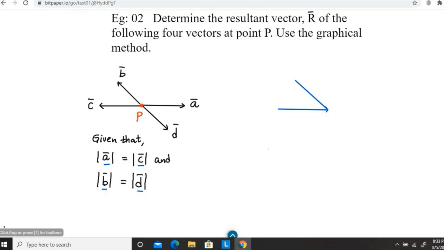So that's vector B. And then I'm going to connect the tail of vector C to the head of vector B. Like that. And then finally I'm going to connect the tail of vector D to the head of vector C.